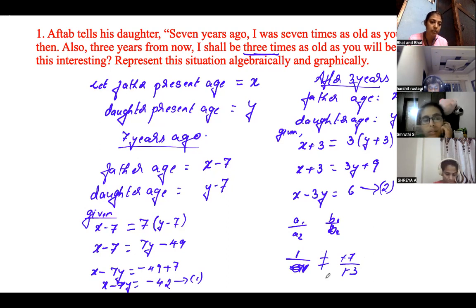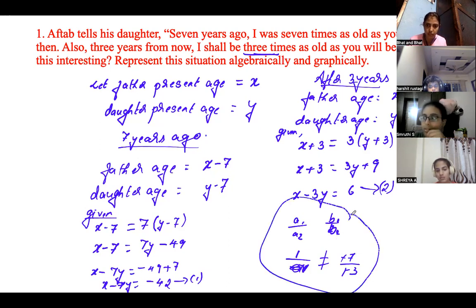What will happen to the two lines? They intersect. Exactly one solution and the lines intersect. Yes, they will intersect with each other, correct? So understood this? This one, no need to write it. Okay, this is just for our predictions. Okay, so this much you understood.